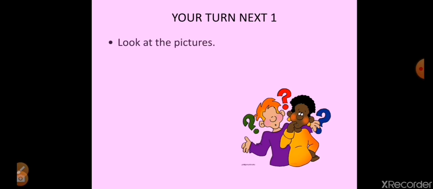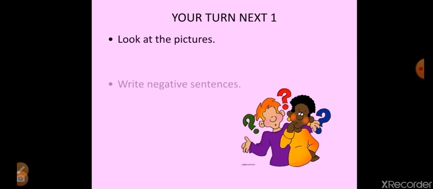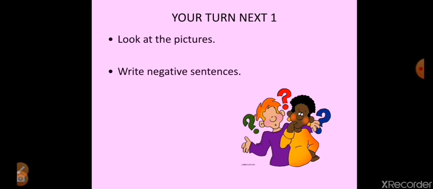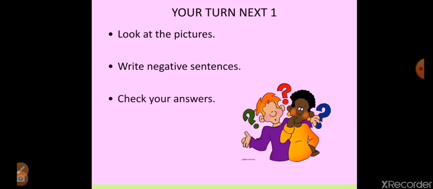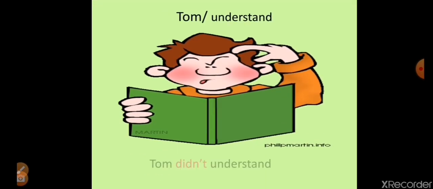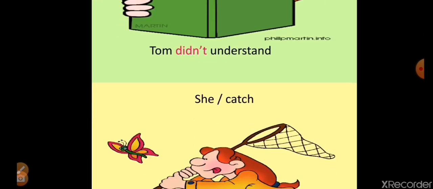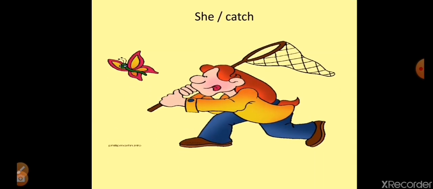Now, look at the pictures. Write negative sentences and check your answers with me. If you look at the first picture, we have Tom and the infinitive is understand. If I want to put this sentence in the negative, I say Tom didn't understand. Another one, she catch.